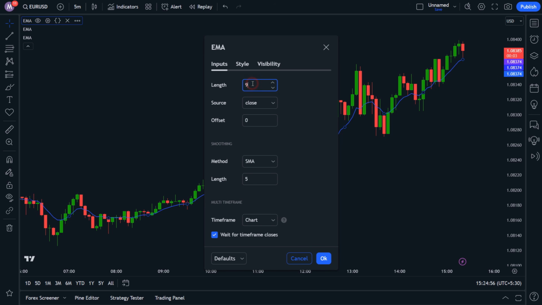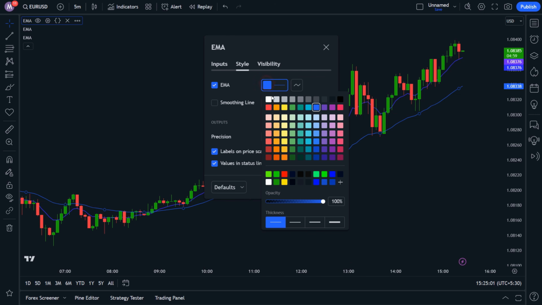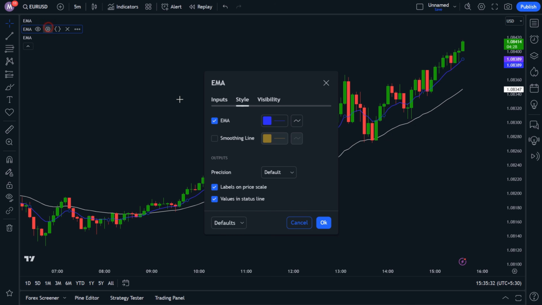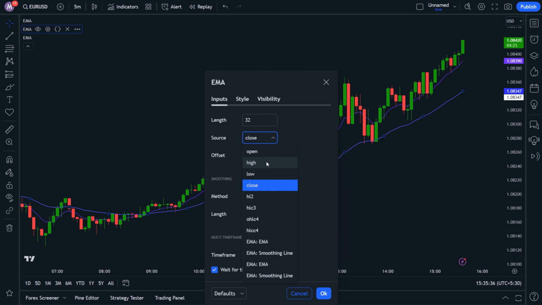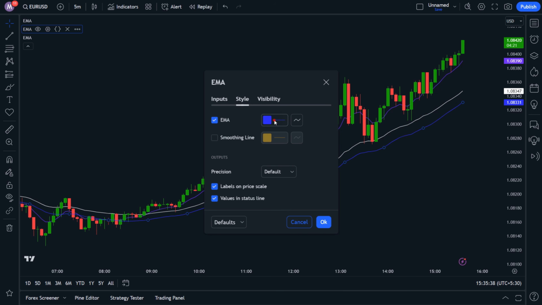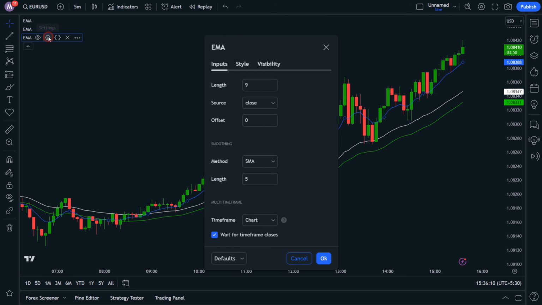EMA1, length 32. EMA2, length 32, source low. EMA3, length 32, source high.